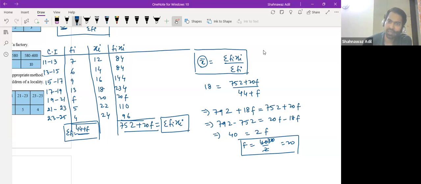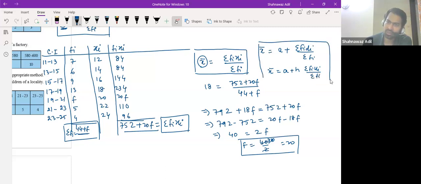And in the assumed mean method, this is the formula. Then you have the step deviation, which is A plus h times summation of Fi Ui over summation of Fi. So these are the three methods, and I'm using the direct one.